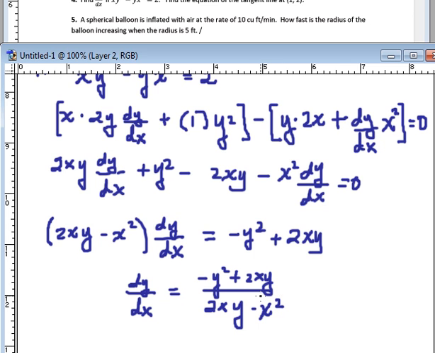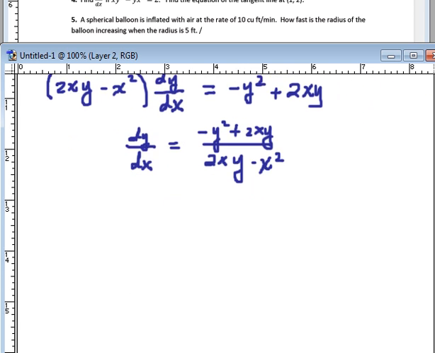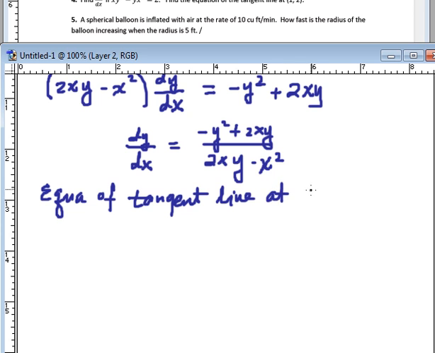Now we want to find the equation of the tangent line at point 1, 2.